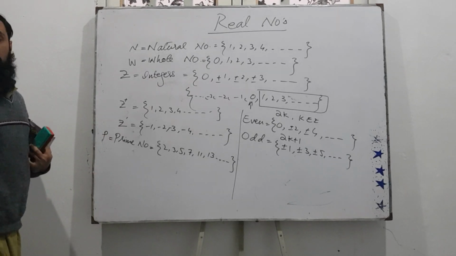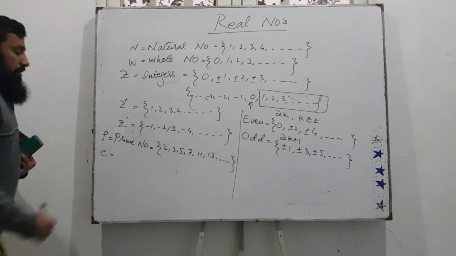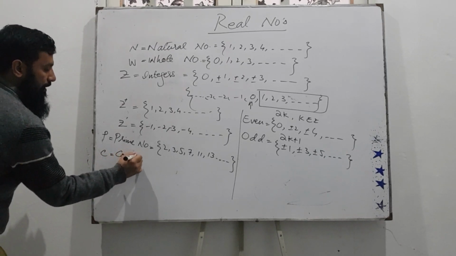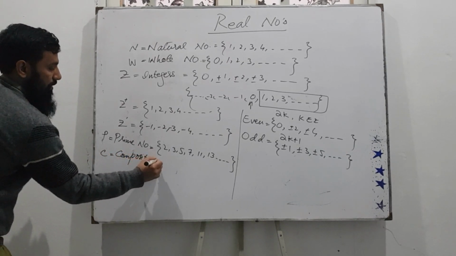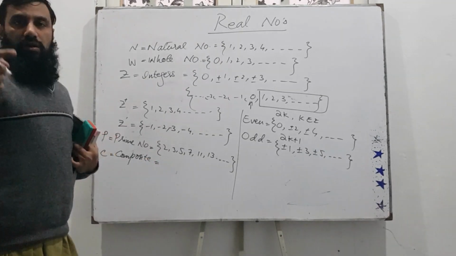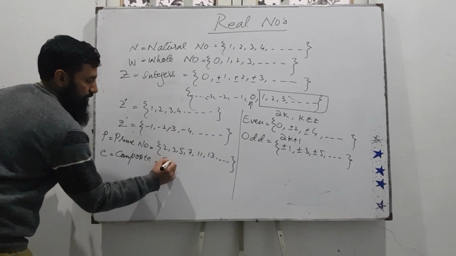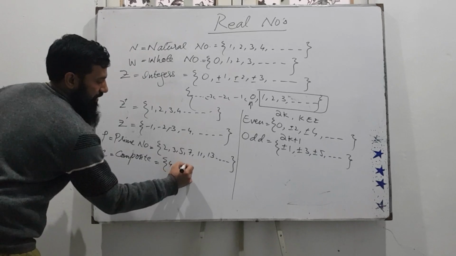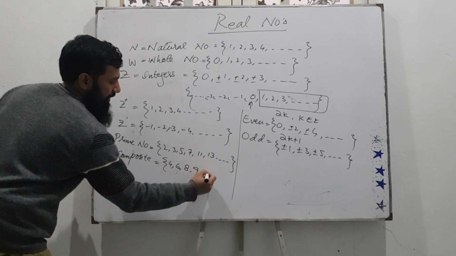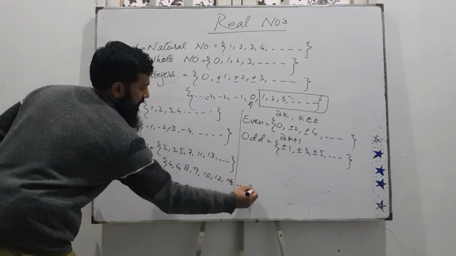Then there is a set of composite numbers. All those numbers which have more than two factors are called composite numbers. They are 4, 6, 8, 9, 10, 12, 14, and so on.